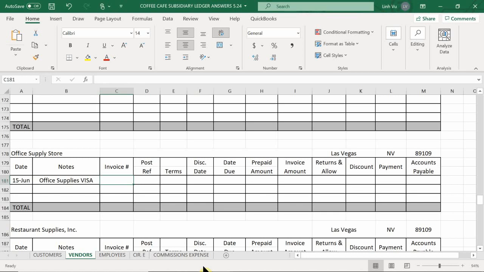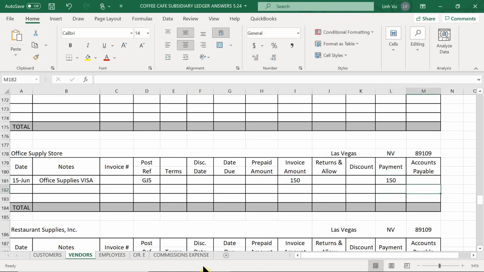No invoice number. Post reference: oh yes, General Journal 5. And invoice amount 150, payment 150.